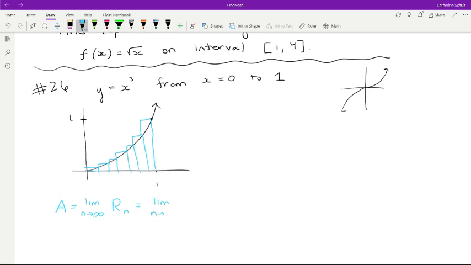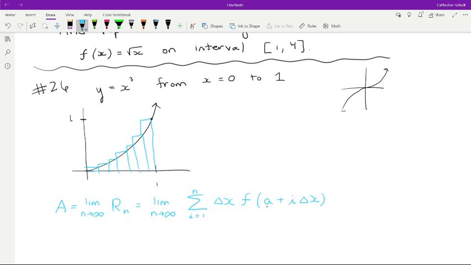Okay, and then according to the definition, what that looks like is something like this. That's your definition 2. R sub n is the sum of all the areas of these rectangles. So area of a rectangle is the base times the height. And we know a lot of this. We know f, our function, it's x cubed.